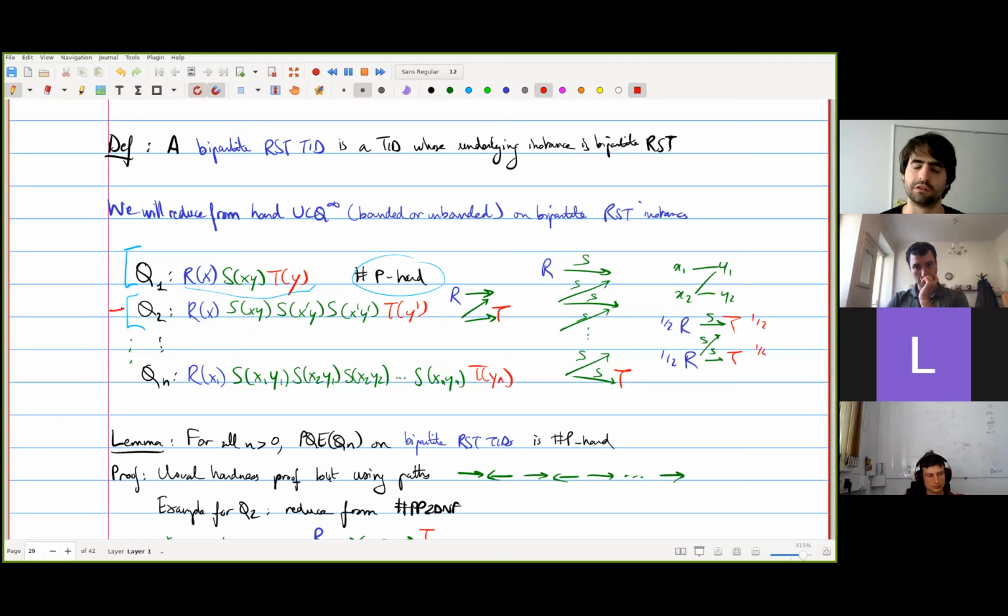But then if I want to make this coding work for Q2, I can simply do the same thing. And instead of one S edge, I do a back and forth path like this.